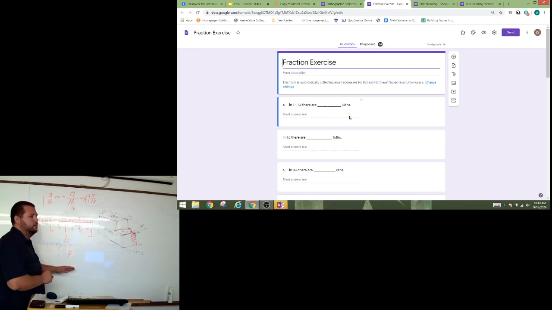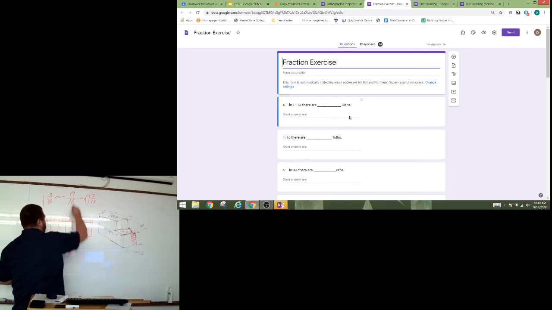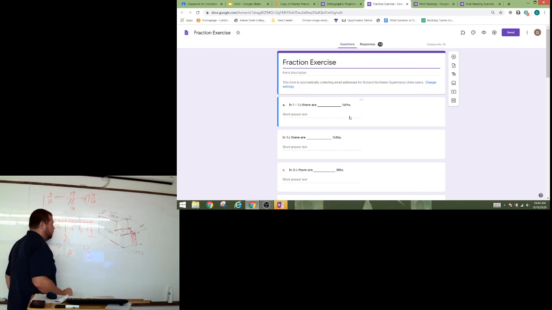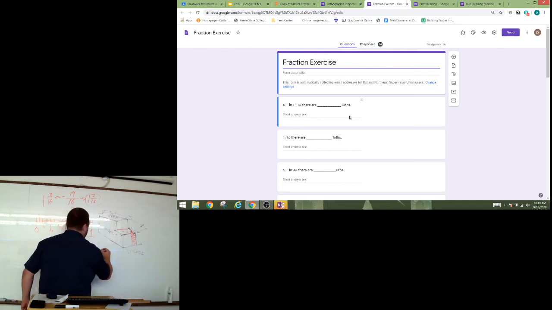Just write 16. If it's a fraction, write 1 slash 2 if it's asking for half, 1/2. If it's a mixed number, it will accept 1, no space, 1/2, 1 space 1/2, or 1 dash 1/2.